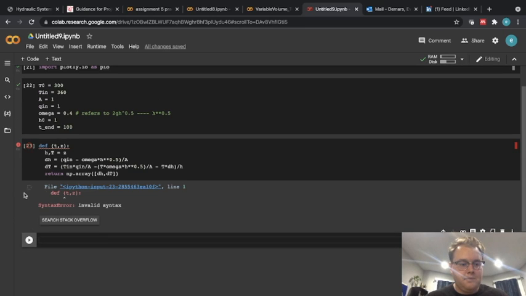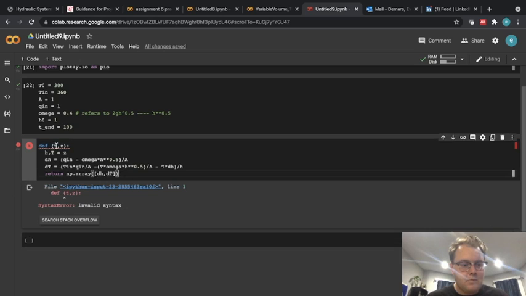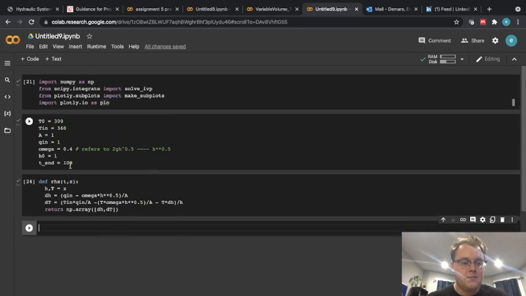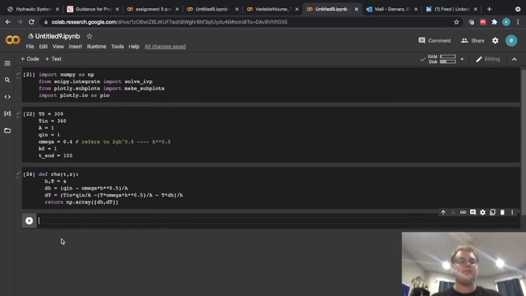So shift enter. Oh, I need to define this as a right-hand solution. Excuse me. So that's defined as the right-hand solution of T and Z, Z being height and temperature. There we go. So now I've defined my two differential equations.